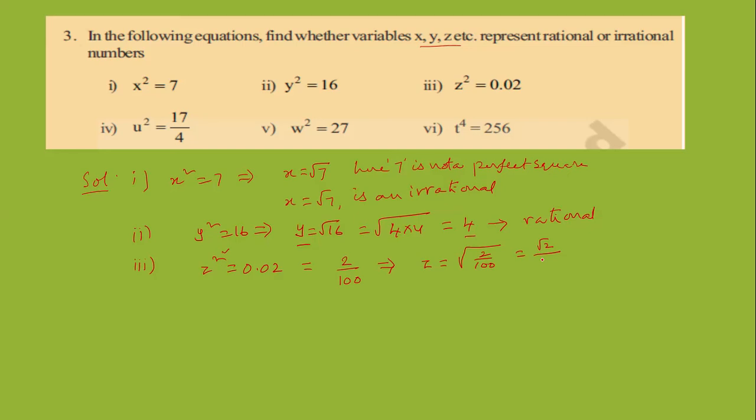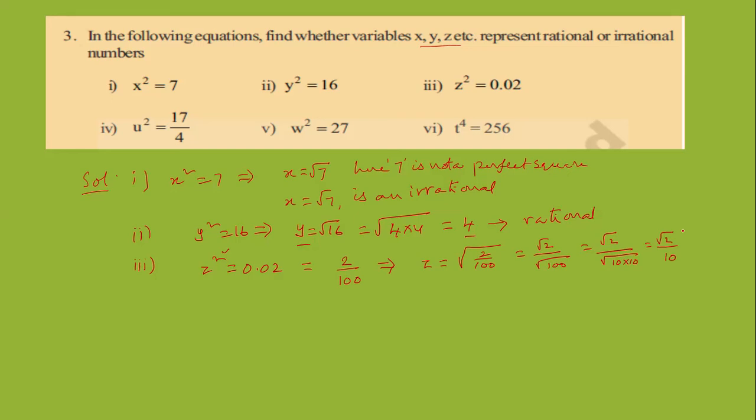That means root 2 by root 100. Here in the numerator 2, in the denominator 100 is a perfect square. You may write this as 10.